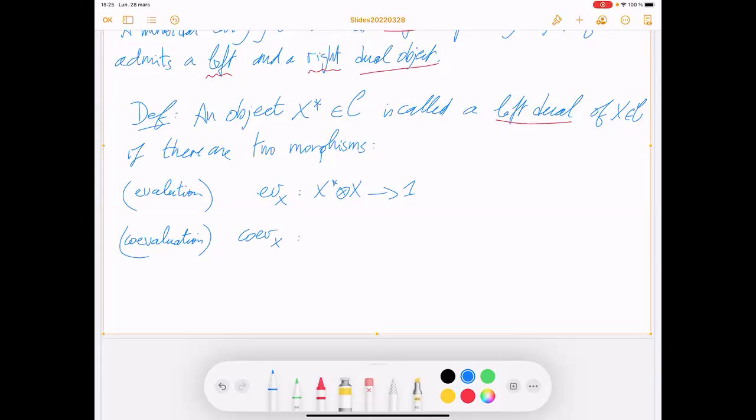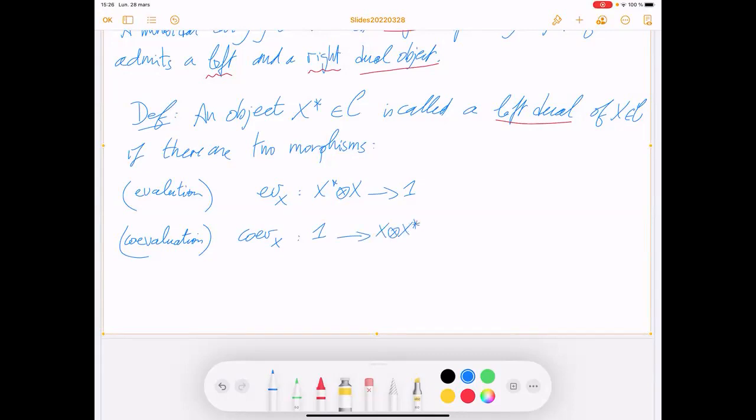I have a mistake in my note: the co-evaluation map goes from 1 to X tensor X star. You start from 1 and you go to X tensor X star.